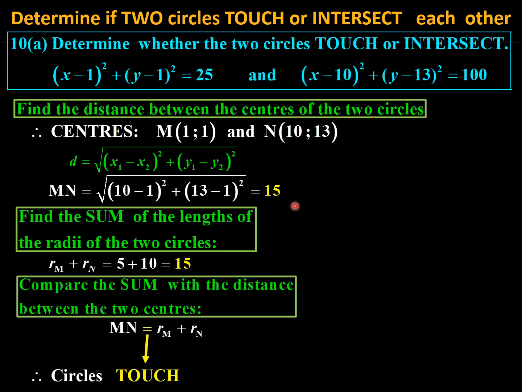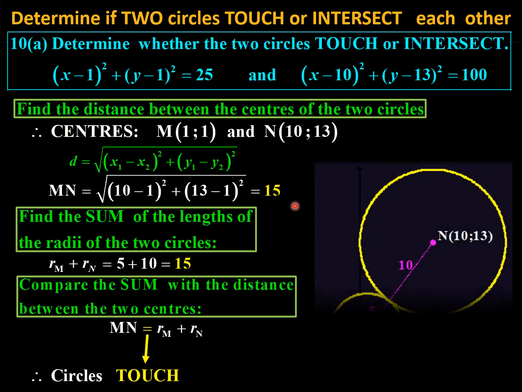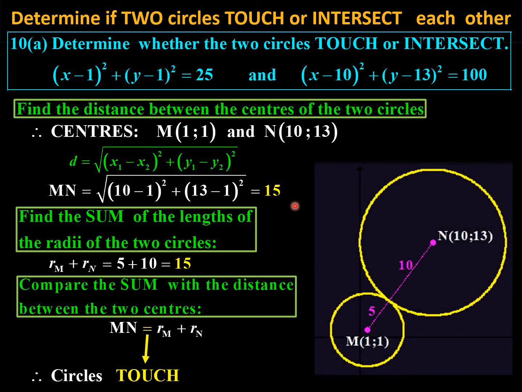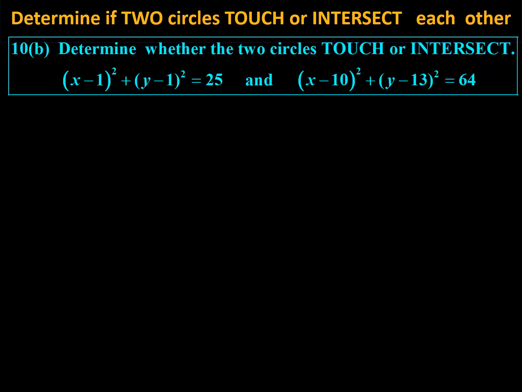And when they are equal, it means the two circles touch each other. So the two circles will touch each other there.